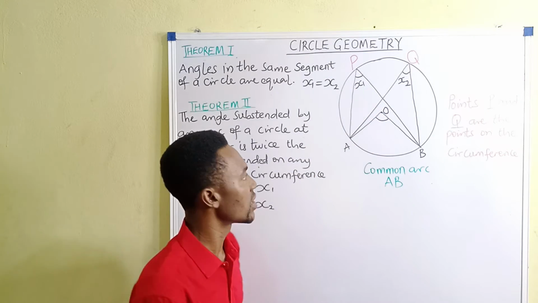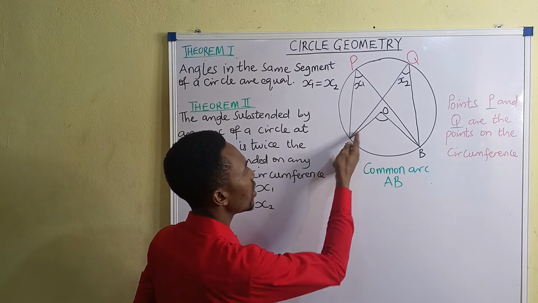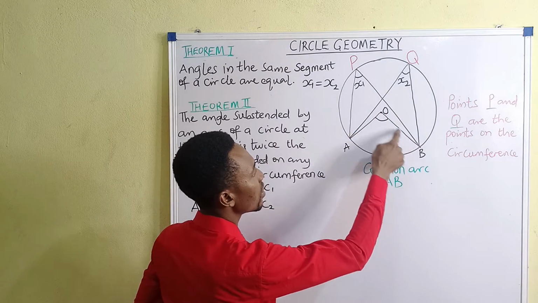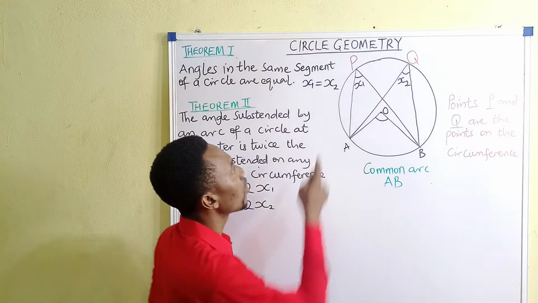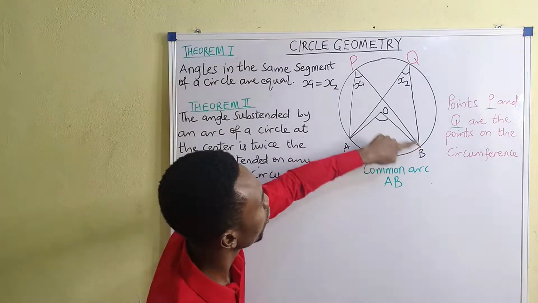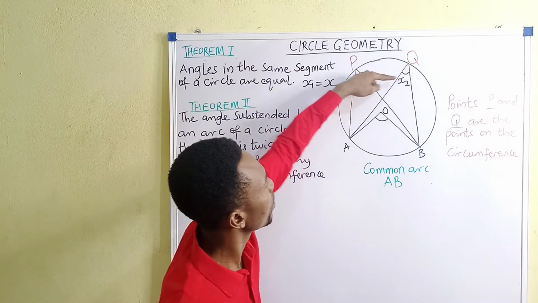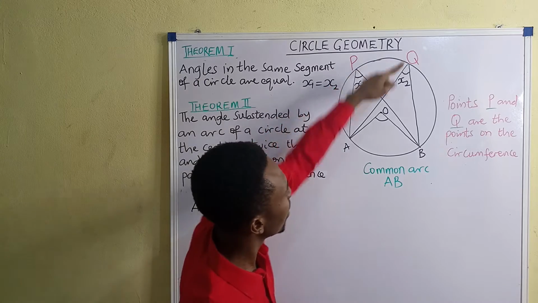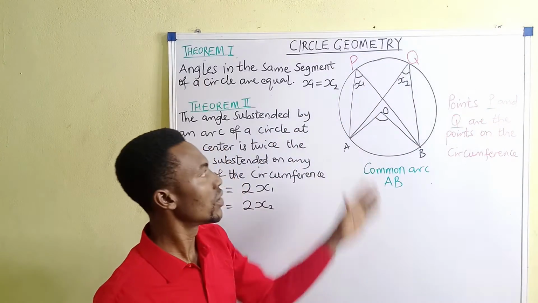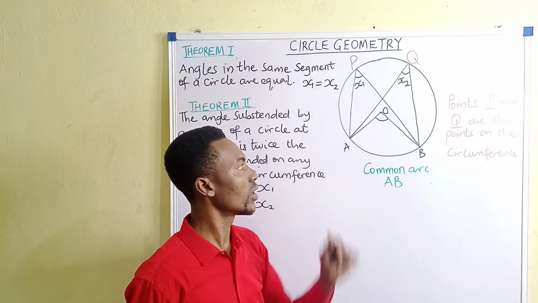How do you decipher that? Angle O is coming from point A and point B. Angle X1 is coming from point A and point B. You see that? Also, angle X2 is coming from point A and point B. So the three angles in this circle originate from the same arc, a common arc AB.